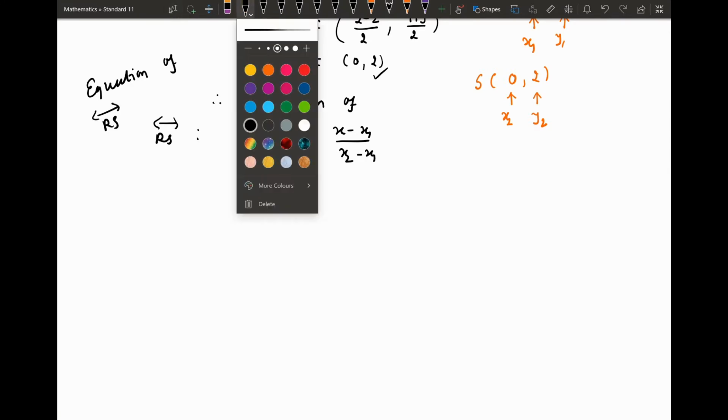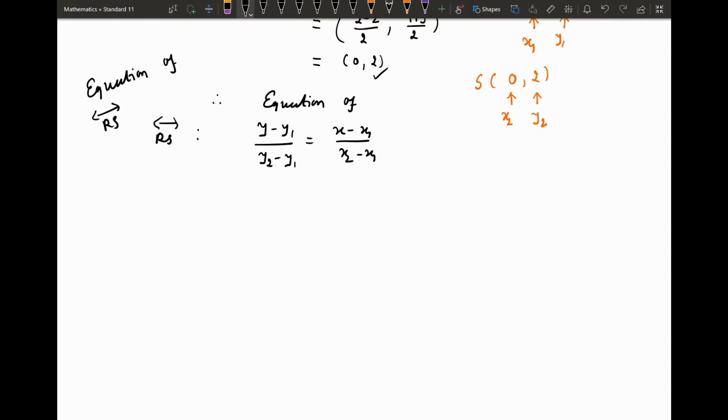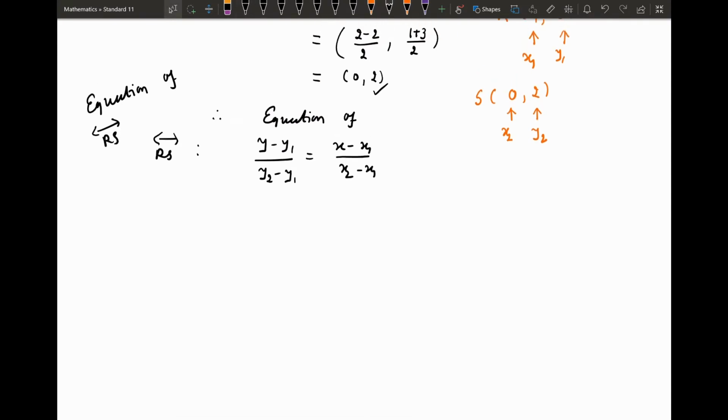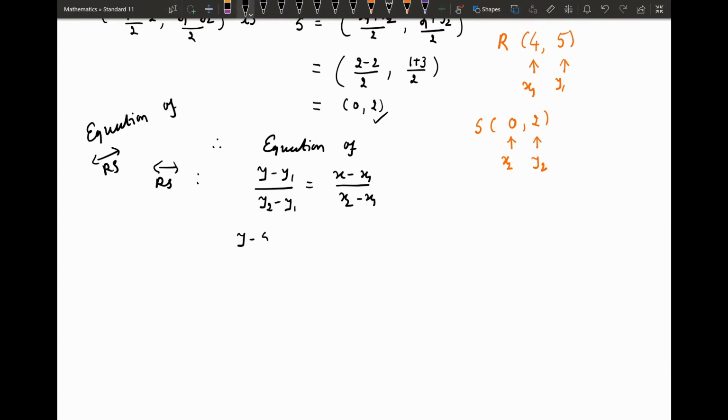So y minus y1, that is 5, upon y2 minus y1, 2 minus 5, equal to x minus x1, x minus 4, upon x2 minus x1, 0 minus 4.